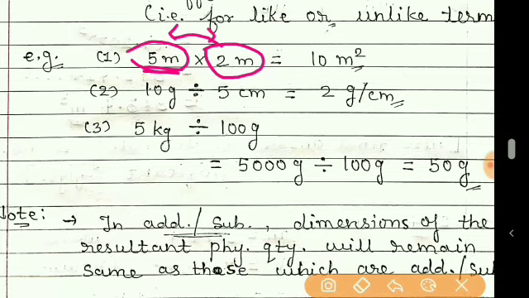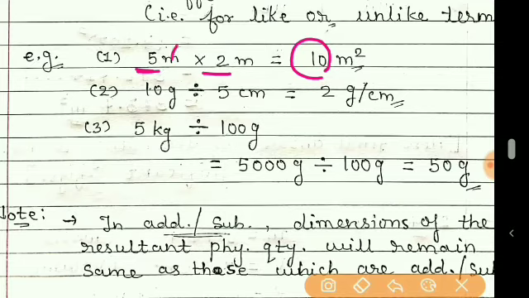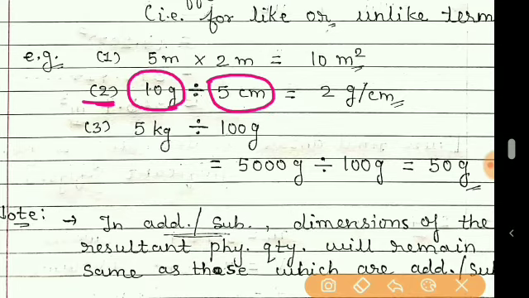In this case you can see that both have dimension length, because here the unit is meter, here also the unit is meter, and so we can multiply. 5 multiplied by 2 is 10, and meter into meter is meter square. For the second, the first measurement is 10 gram and the second measurement is 5 centimeter.